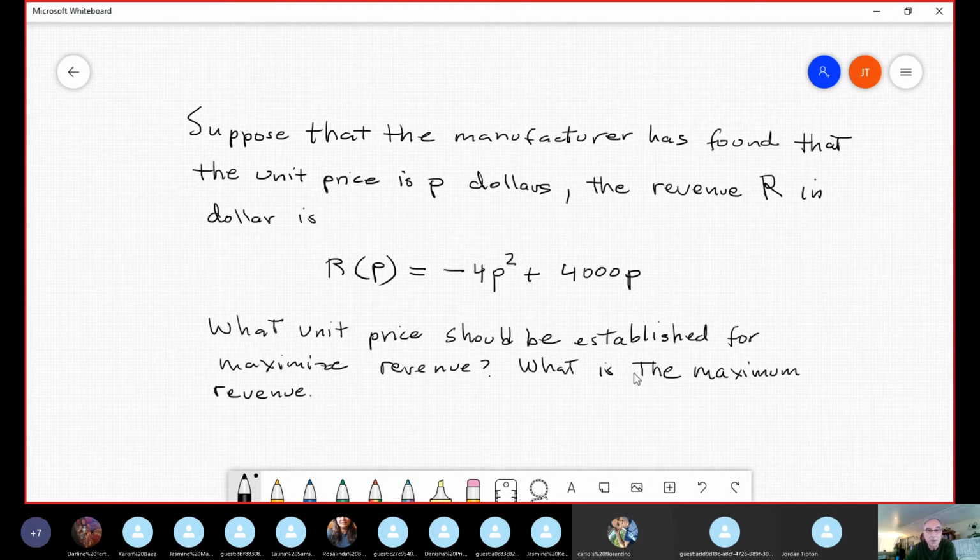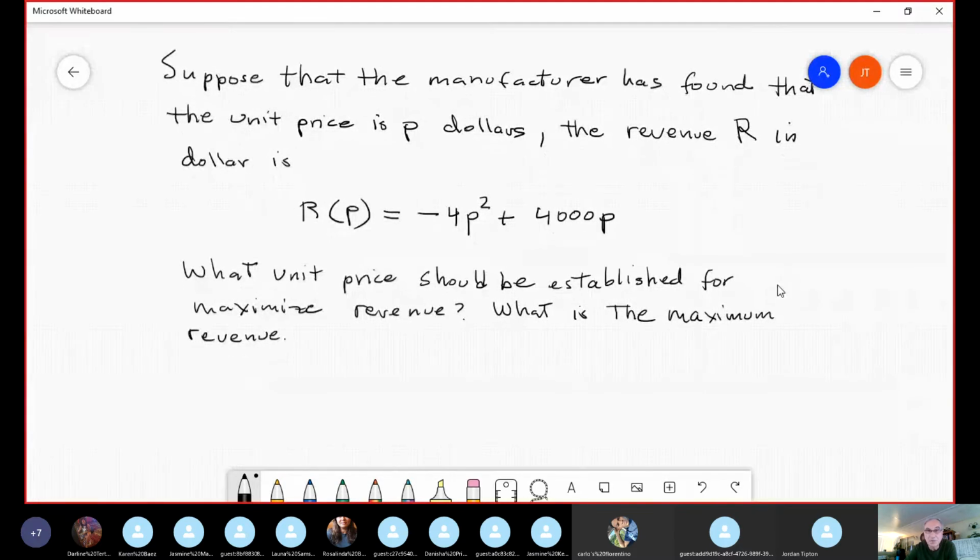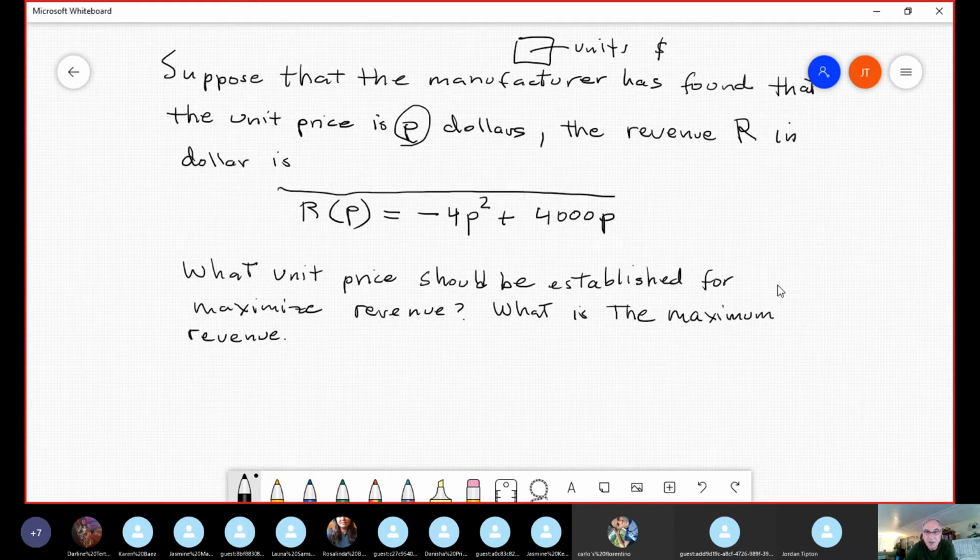Period. Okay, you see, the problem talks about manufacturing, producing something, items, they call it a unit. I need to investigate what the price of this unit price P is, in dollars. I don't know if it's $1, $2, $5, $10, $50. But they discovered statistically the equation for the revenue.